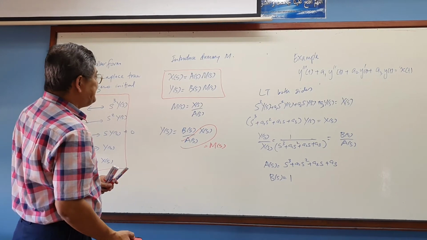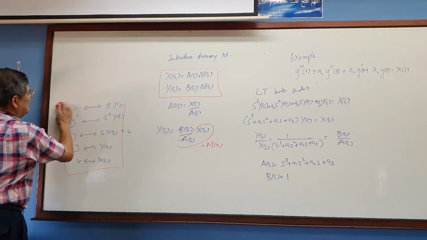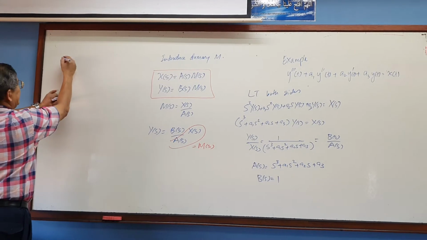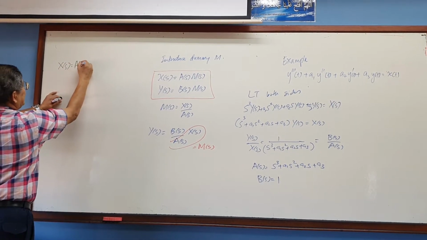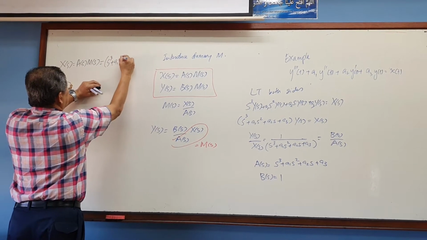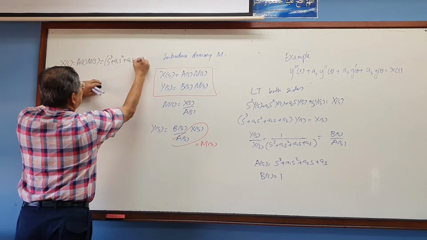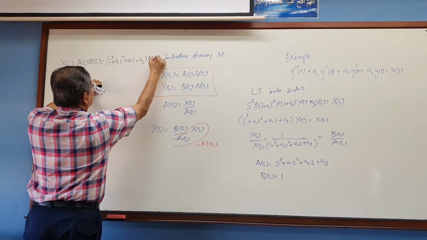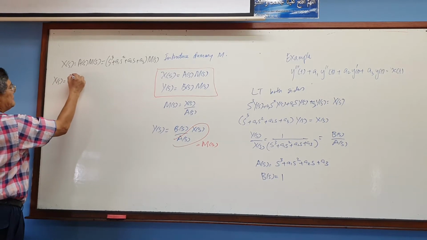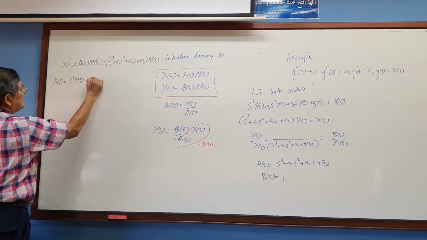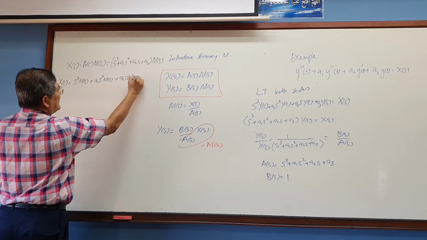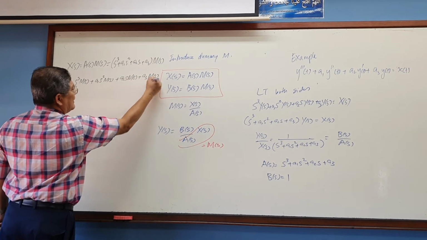Okay, then for X(s) is equal to A(s) M(s), which is equal to s cubed plus a1 s squared plus a2 s plus a3 times M(s). So X(s) is actually equal to s cubed M(s) plus a1 s squared M(s) plus a2 s M(s) plus a3 M(s).